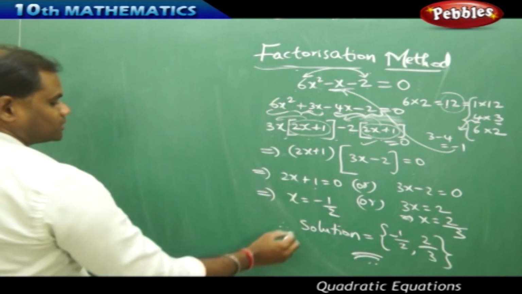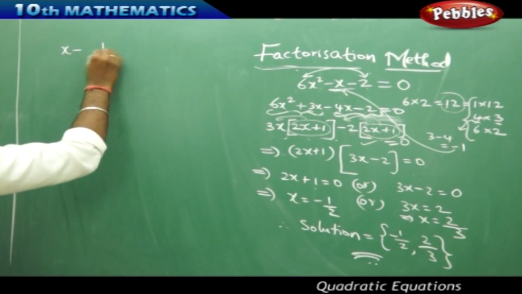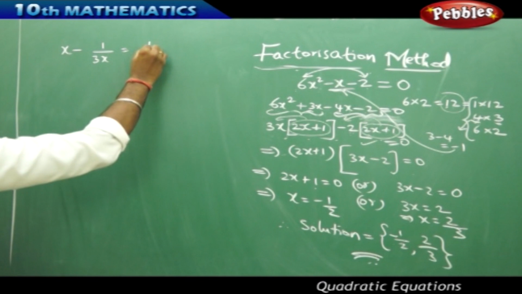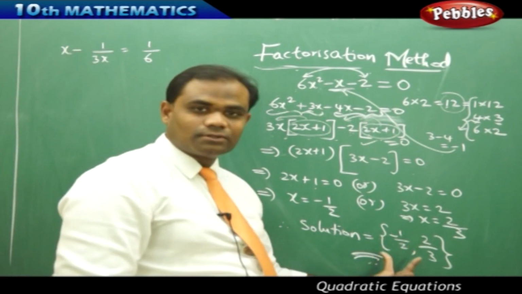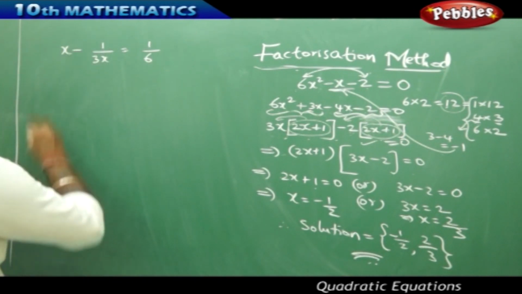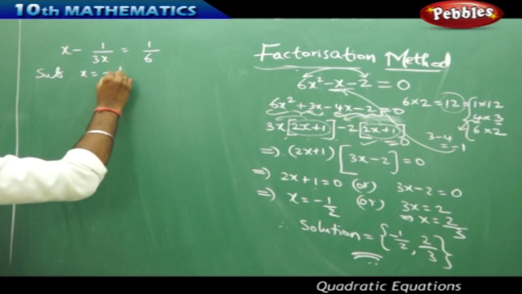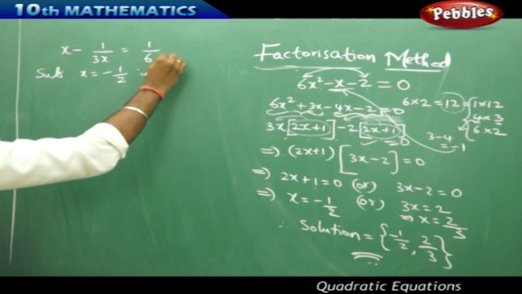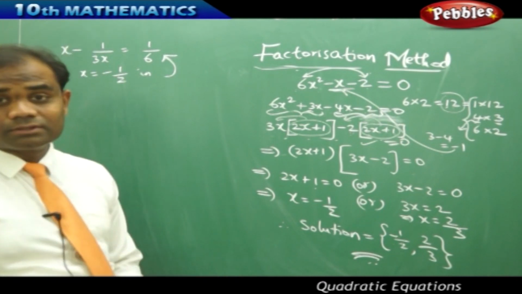My original equation out here says that x minus 1 over 3x is 1 over 6. So let me see if this first value of x equal to minus 1 by 2 satisfies this equation. So substituting x equals minus 1 over 2 in this, let's see if I get the left hand side equal to the right hand side.